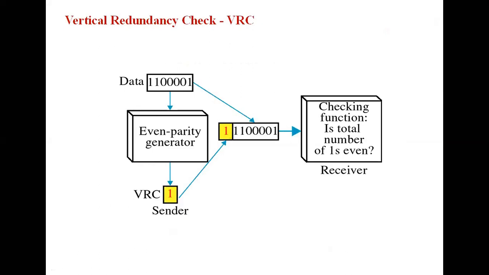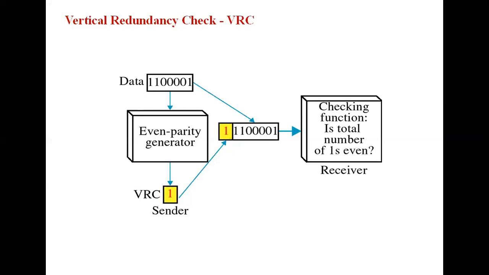Along with the original data, I add 1 extra bit. So I have to count how many ones are in the transmitted data. Here 1, 2, 3, 4 ones are there. So at the destination end, the number of ones received should also be 4. Suppose the number of ones is 5, the receiver will identify that some bit has been changed. This is called a parity bit.